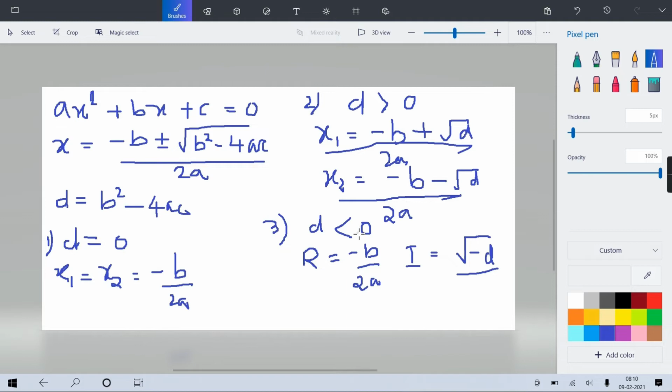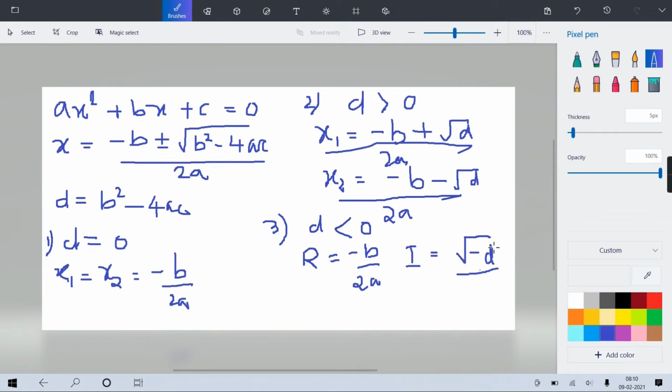And your value d is already negative, as it is less than 0. Suppose it is minus 5. So minus 5's minus will become positive 5, and then you can find root of positive 5.